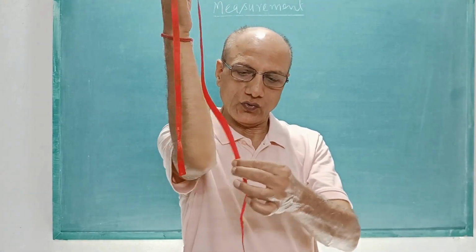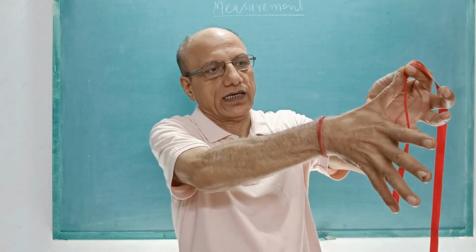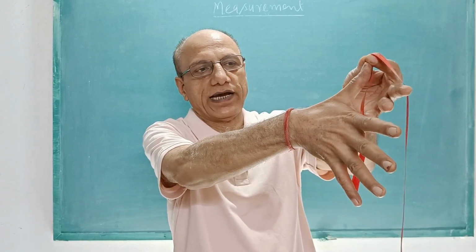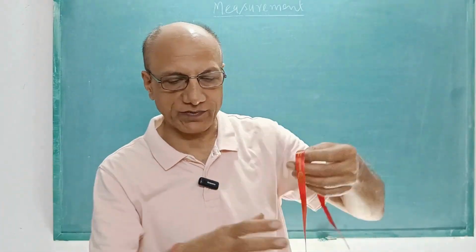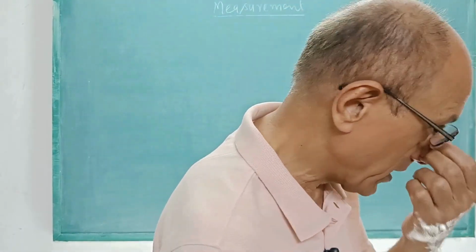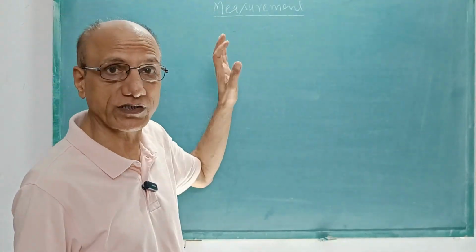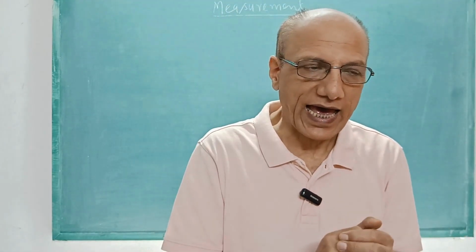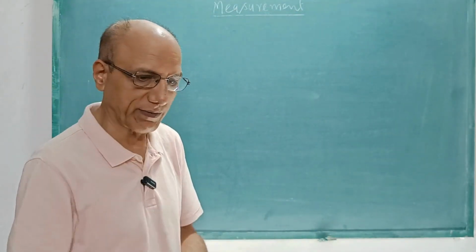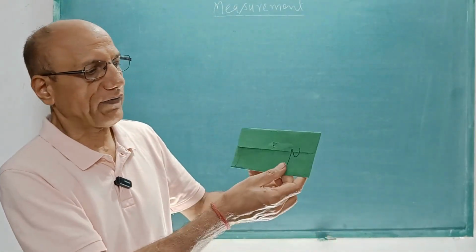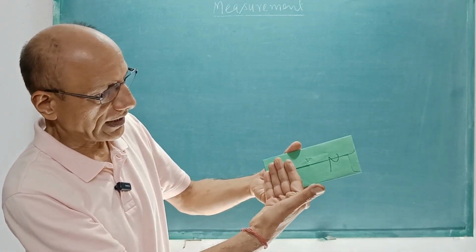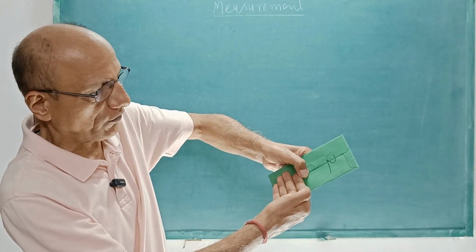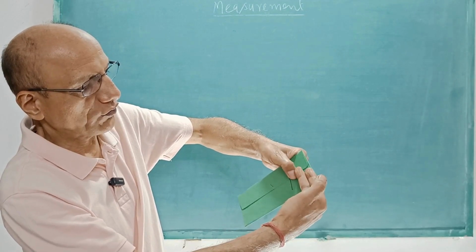Now, after observing these activities which we have just done, we can conclude that during the measurement we were following a certain process, and the process was comparison, or comparing. As far as this string is concerned, we were comparing it with the other string or with the inch tape.